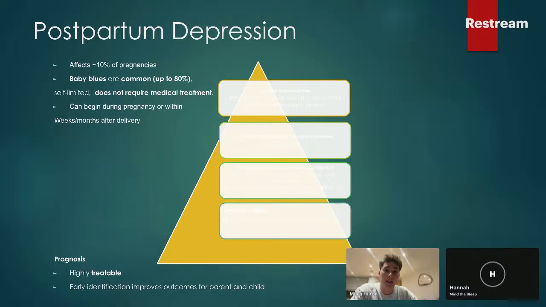In severe cases, it might be necessary as well to have an inpatient stay at the mother-baby unit. In terms of postpartum depression, the prognosis is highly treatable, and early identification has been shown to improve outcomes for both the parent and the child.